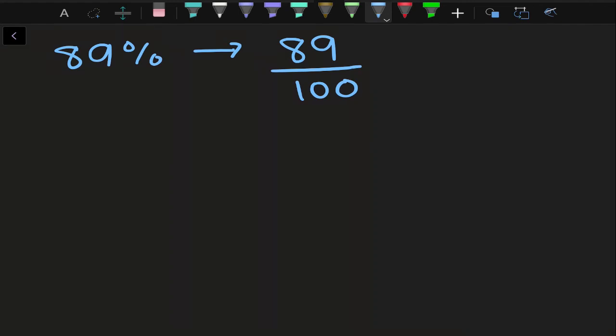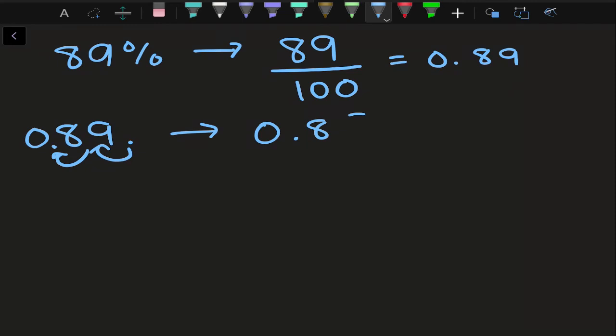And if I divide this by just using this as a division sign, then I get an answer of 0.89. Now this is the same as going 89, move that decimal 2 spaces, add the 0, which gives me 0.89. So we can use this with our calculator to find an answer a little bit faster.